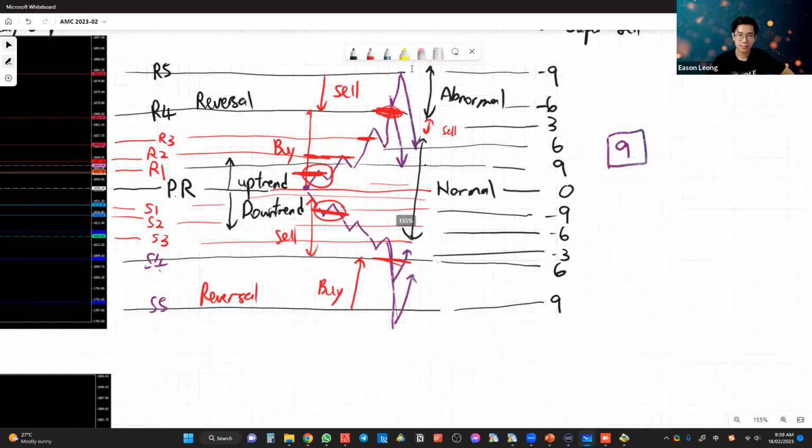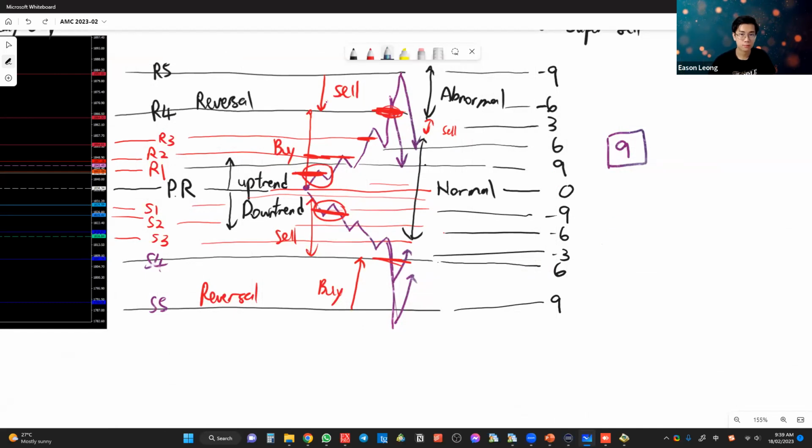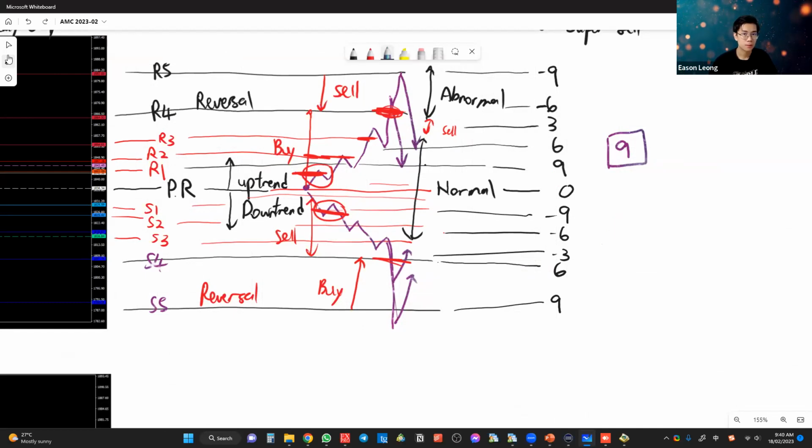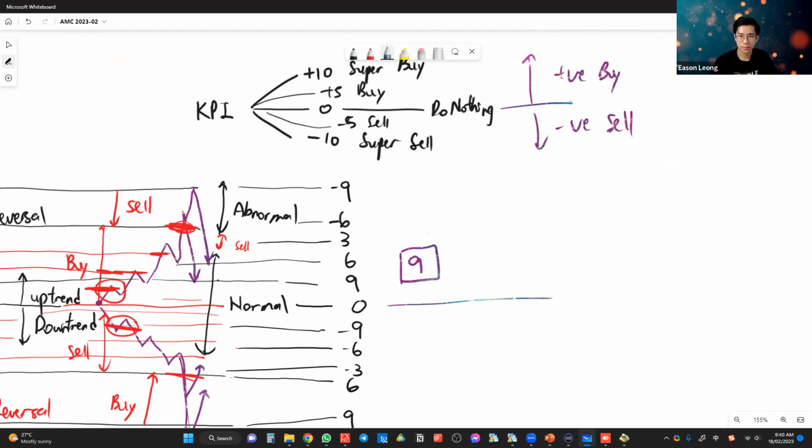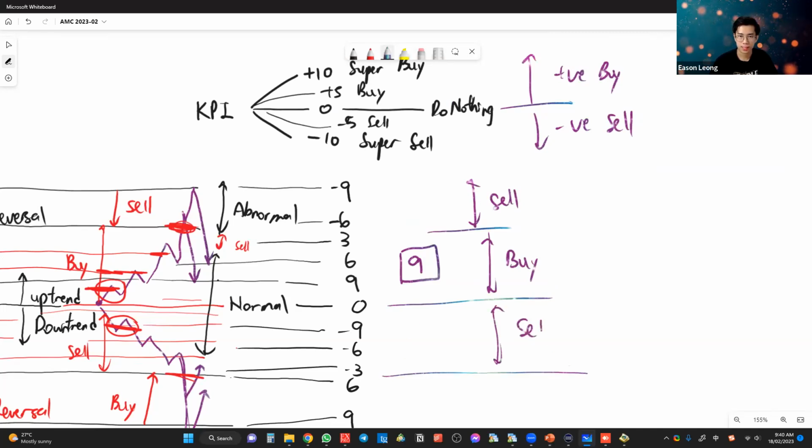So in a sense, a positive number indicates buy, and a negative number indicates sell. So I will say that this area is to buy, and then this area is the reversal to sell, because I want to reverse to sell it down. And at the bottom here, this is to buy, this is to sell. Then back to here, it gets to buy.